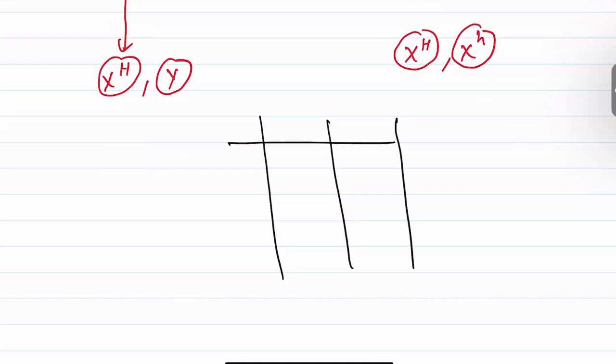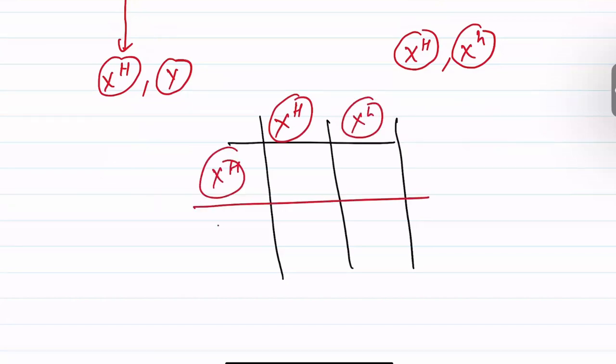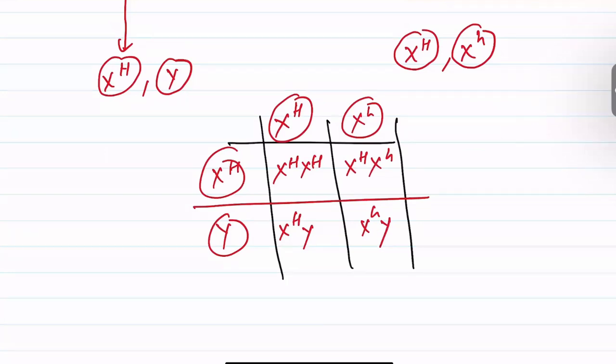We write the gametes on one axis, X, H capital here and X, H small here, and we write X, H capital here and Y here. So this would be X, H capital X, H capital, X, H capital X, H small, X, H capital Y, and X, H small Y. So this would be a normal woman, this would be a normal woman, this would be a normal boy, and this would be a hemophiliac boy.